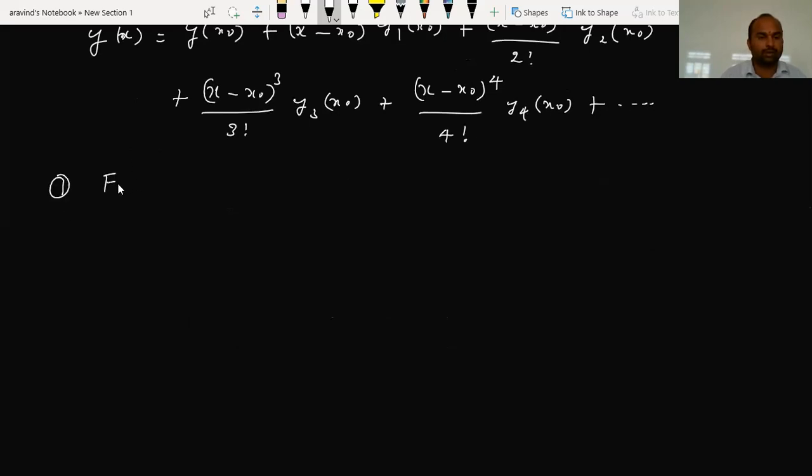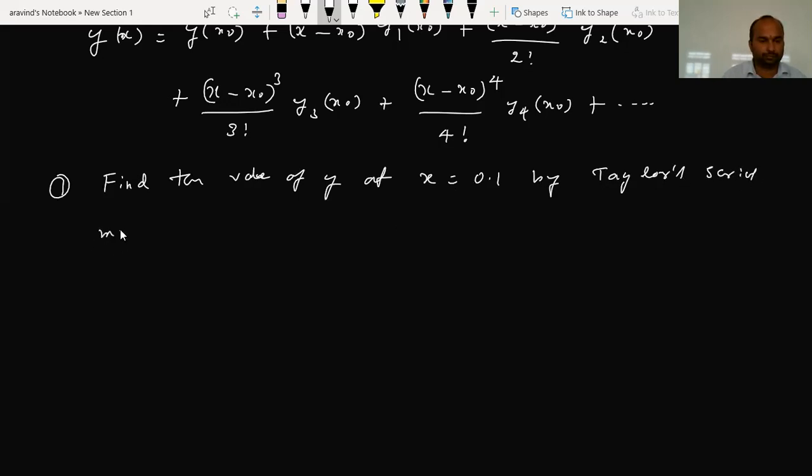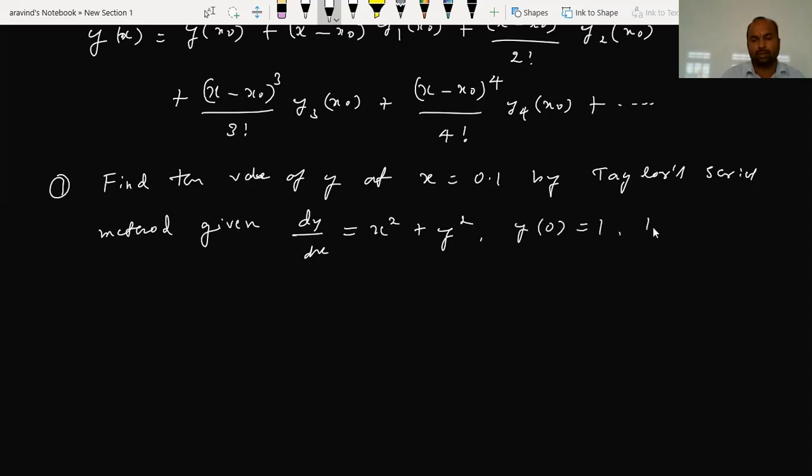The question is: find the value of y at x equal to 0.1 by Taylor series method, given dy by dx equals x square plus y square and initial condition y of 0 is equal to 1, considering the terms up to third degree.